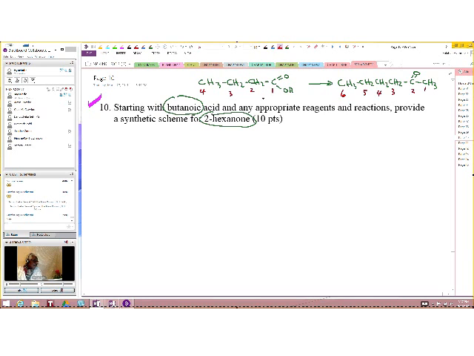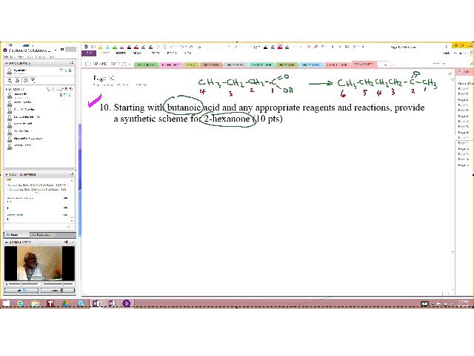Using the starting material, where do we need to join the new carbon-carbon bond? Okay, that has to be carbon number 1. Right, very good. Excellent. Carbon number 1.